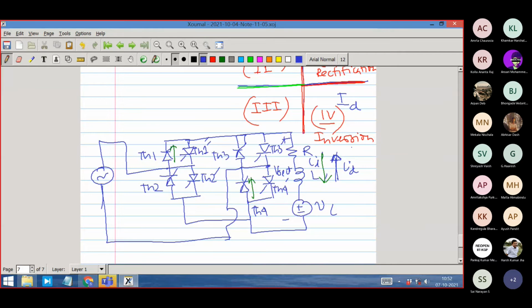Let us first see the topology. If I need a negative current here, how can I do this consistently, unless I have a switch which is capable of taking current in this direction? That means, let me put it in red color. If I have a current here, how can I make it consistent?